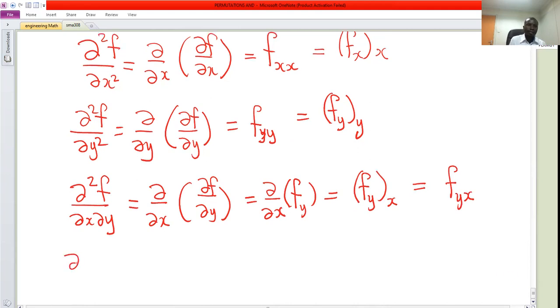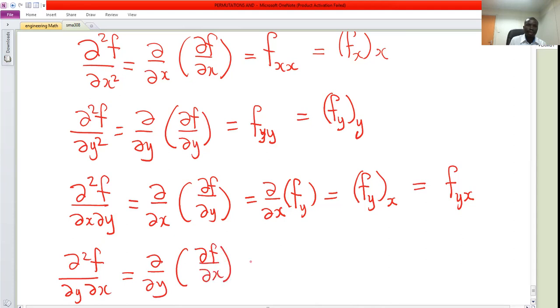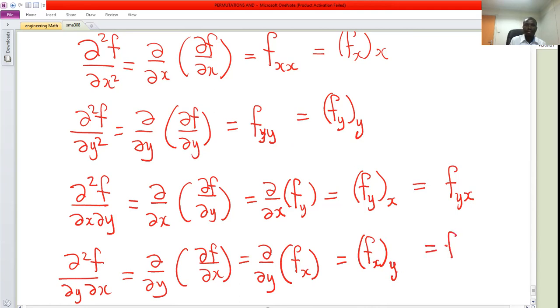And lastly, partial squared f partial y partial x means partial y of partial f partial x, which is partial y of f sub x. Then you partially differentiate with respect to y, which can be written as f sub x y.